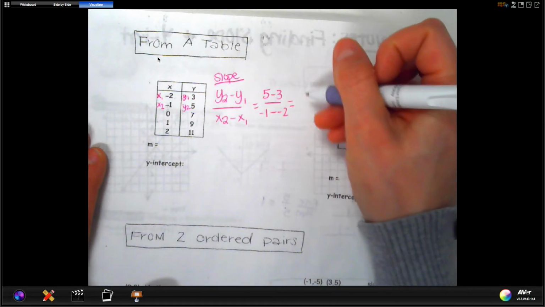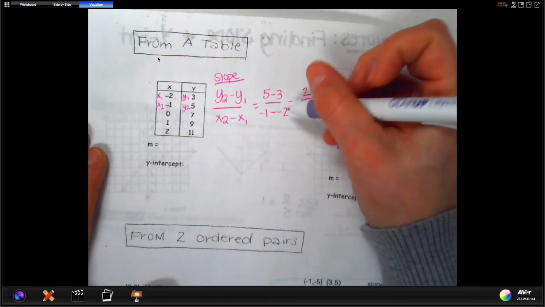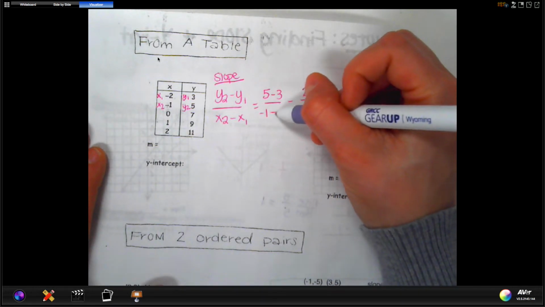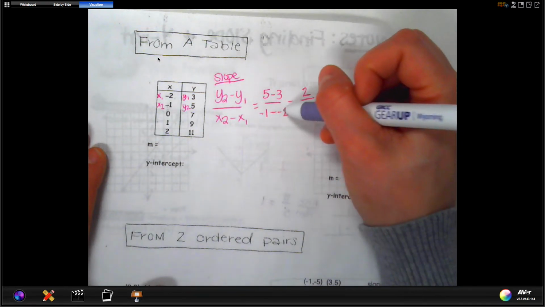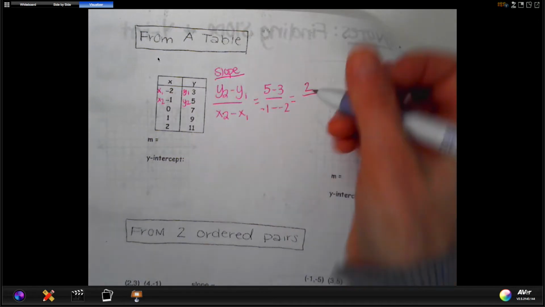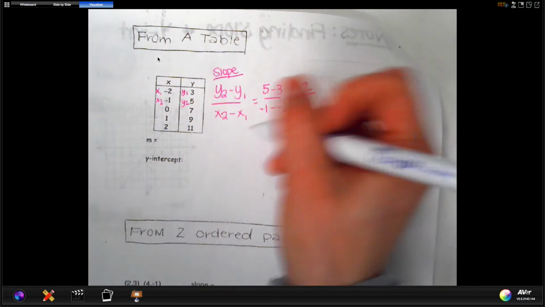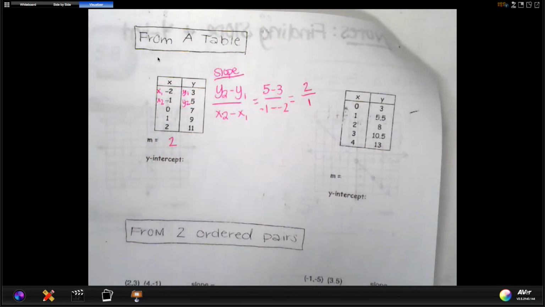So 5 minus 3 gives us 2. And now this one is a little bit confusing because you do have a negative and then minus a negative. But if you do negative 1 minus negative 2, you get positive 1. And to simplify that, you get positive 2 as your slope.